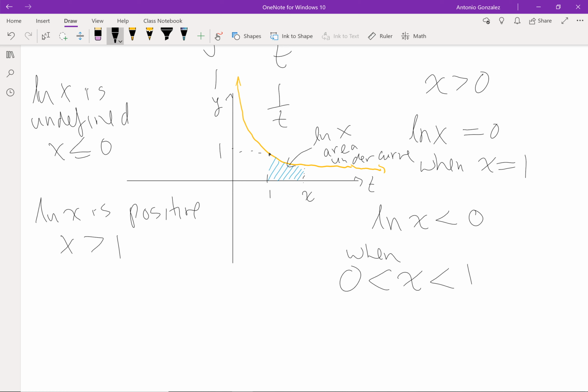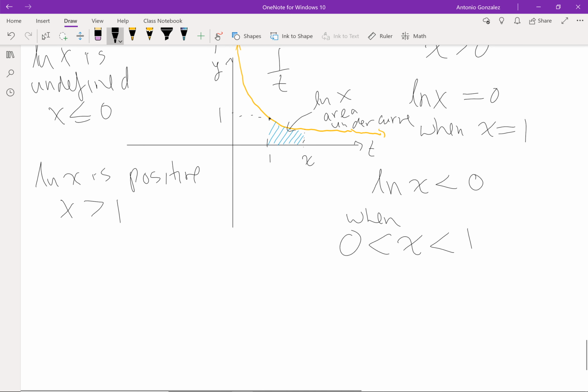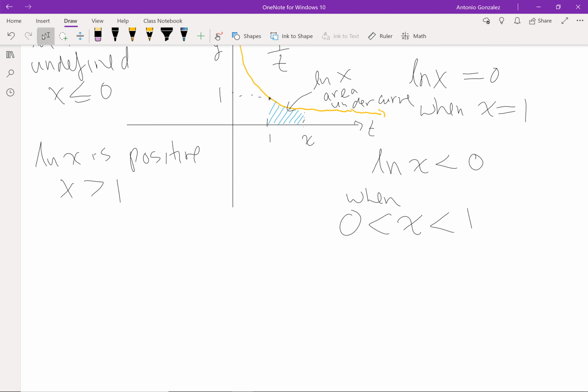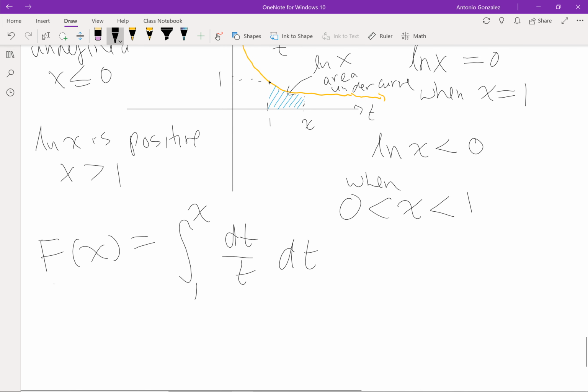So let's see if, with all of these properties that we have here, we can put together a graph. Let's use some of our calculus techniques to determine the shape of the graph. I know it's negative between 0 and 1.